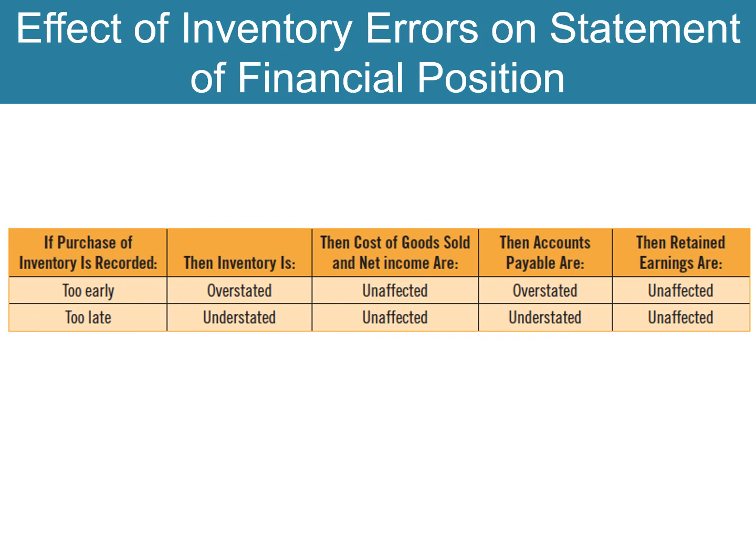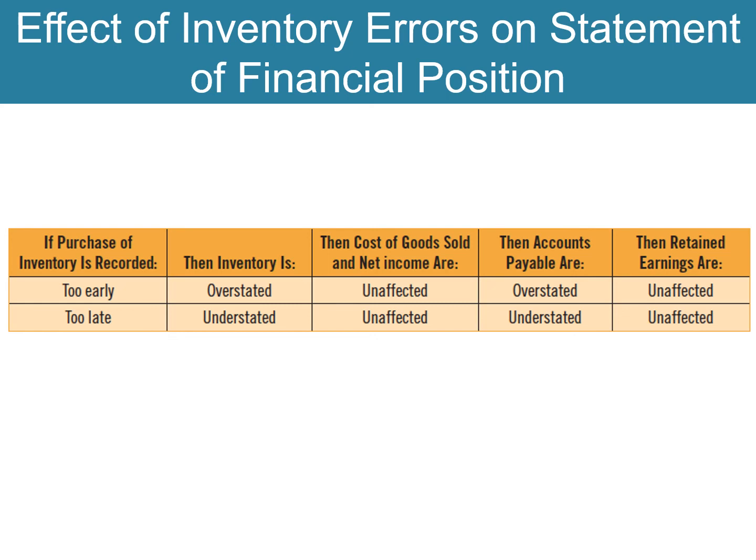The effect of inventory errors on statement of the financial position. If our purchase of the inventory is recorded too early, then the inventory is overstated, and also then the accounts payable are overstated. However, the cost of goods sold and net income are unaffected, and retained earnings are unaffected.